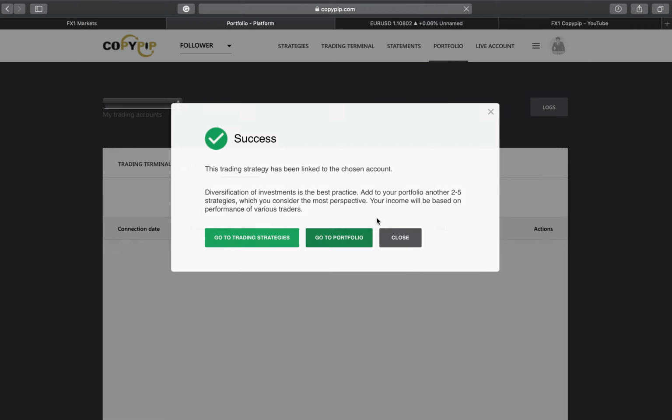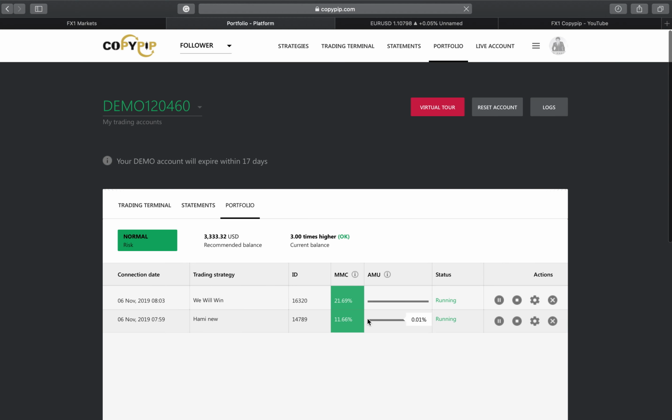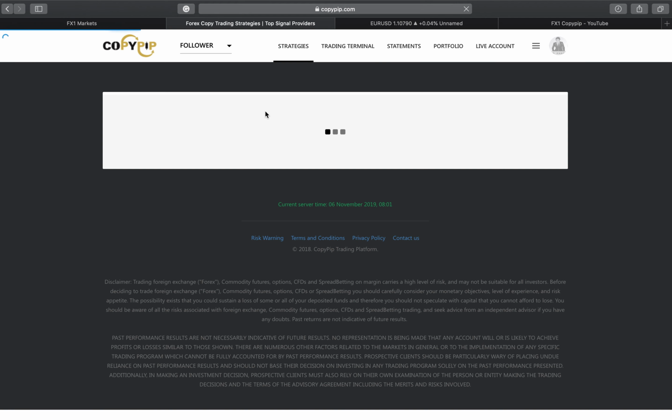Basically that's it. I go save, go to portfolio. I can see here the usage of my account and everything. Again, we will come back here and I will explain how to maintain the portfolio, what numbers you need to seek out and what you need to be taking care of. So we go back to the strategies area.